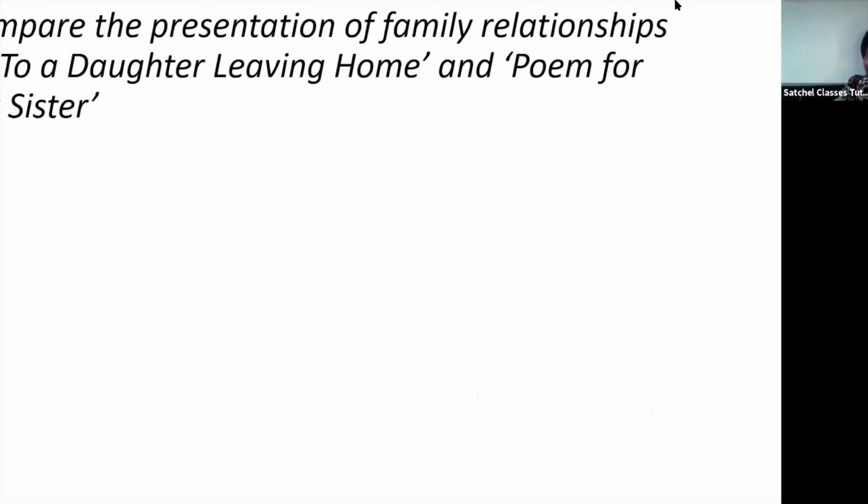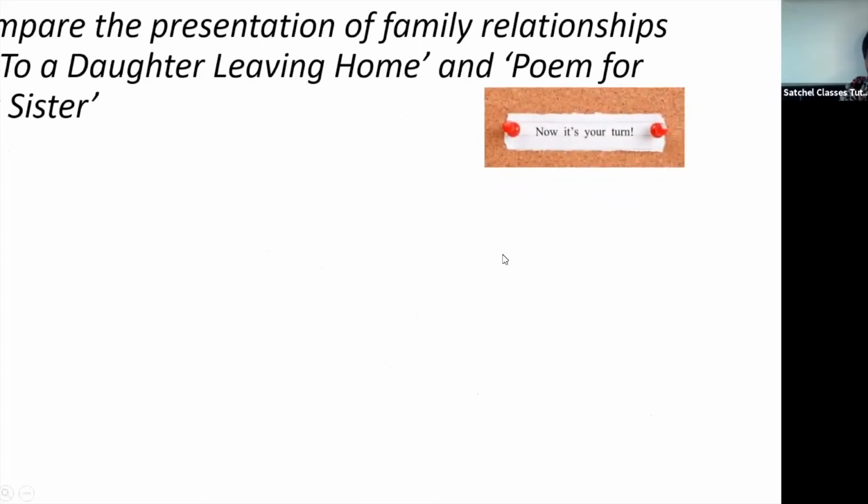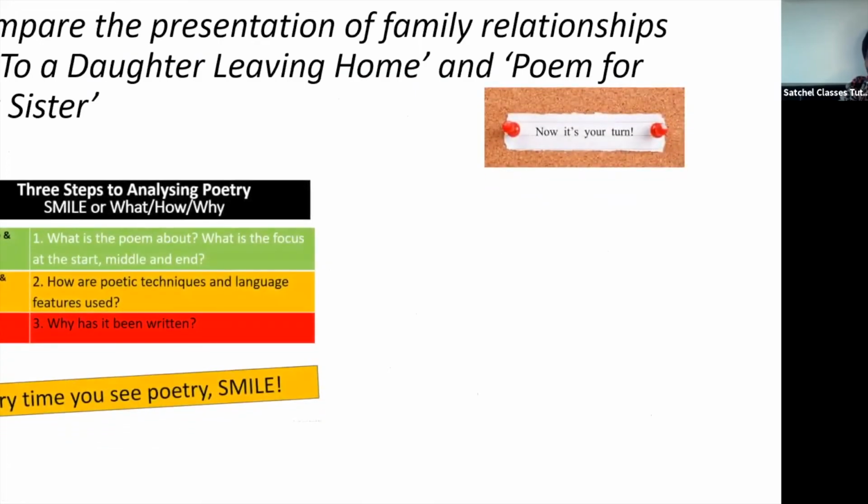So, are you ready to write this assignment? Compare the presentation of family relationships in To a Daughter Leaving Home and Poem for My Sister. If you are ready to complete this assignment, I hope that you will remember to smile when you see poetry.